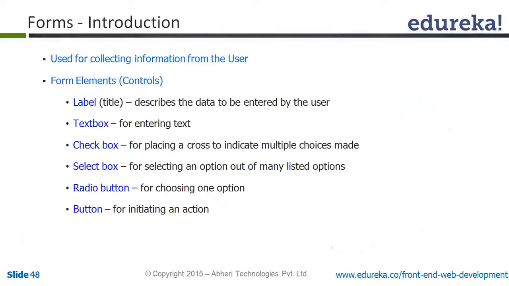This is what you need to display, like what you are expecting from the user. So you do that using the label tag. And whatever the user needs to enter, like for example, my username, my password, you specify using what is called a text box. And there are check boxes, select boxes, radio boxes, and there are different tags for each one of them.